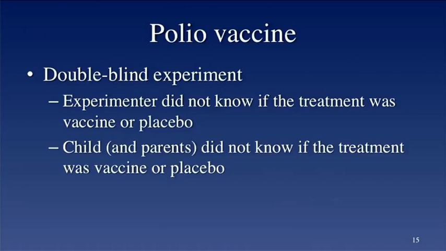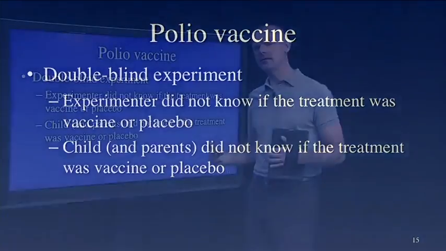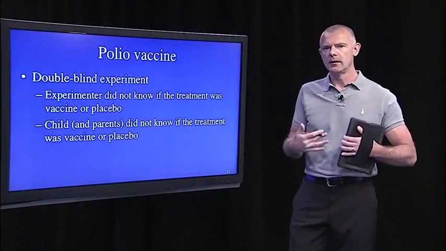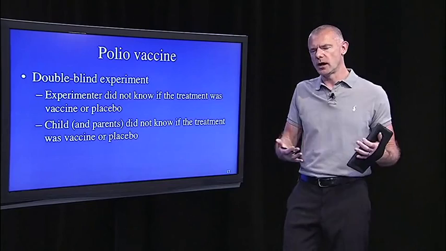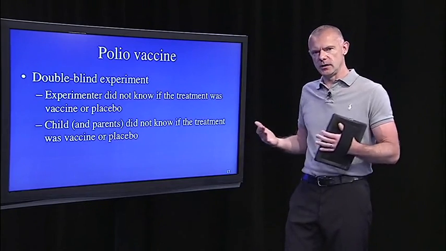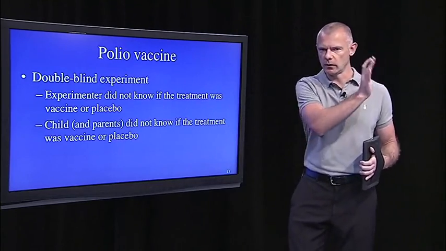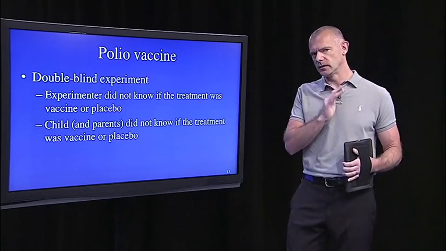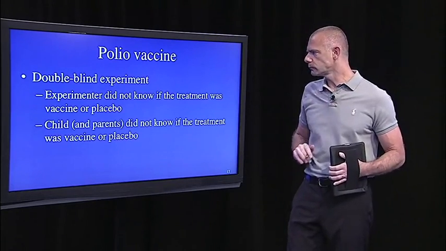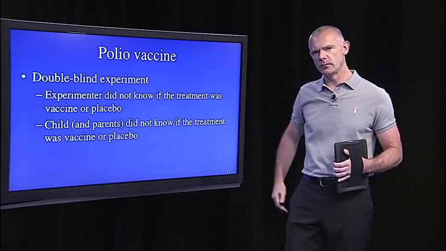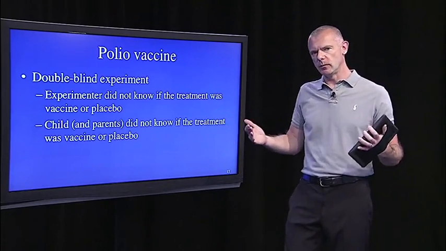And the child and the parents who consented to allowing their children to participate in these clinical trials didn't know if the child was getting the vaccine or not. There were some cases in the Salk vaccine trials where they did know. But the one I'm describing here, it was double-blind.